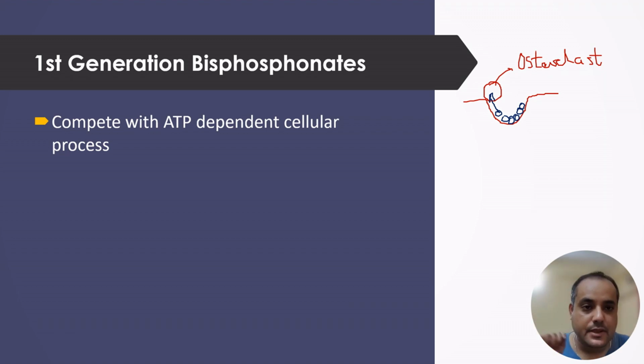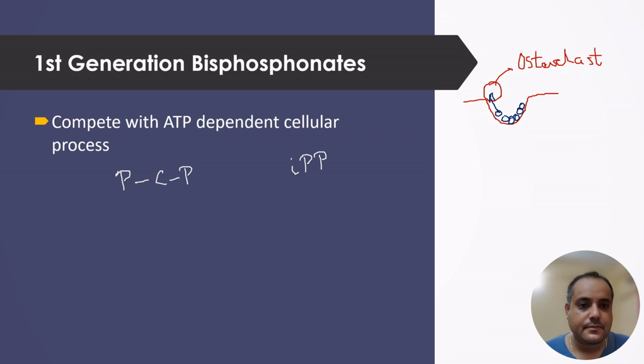Now if you remember the structure of bisphosphonate, this was the basic structure, right? There is another compound within the body which resembles this structure, and that compound is the inorganic diphosphate.